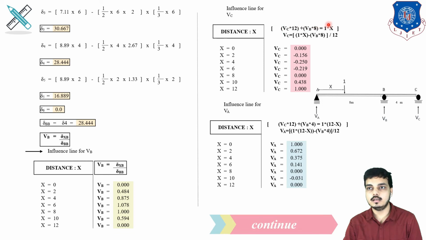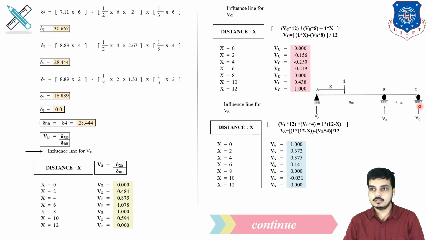So here in this I know VB, which is over here. I know the value of X. So I can make VC the subject because I don't know the value of VC. So VC is nothing but 1 into X minus VB into 8, divided by 12. After putting all the values in this equation, we can find out this VC value.